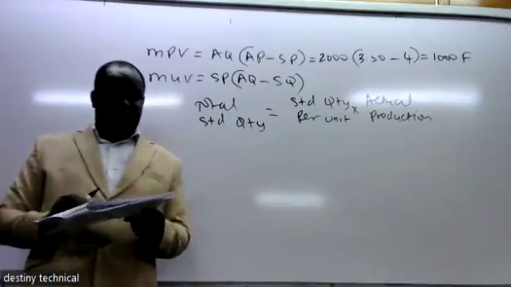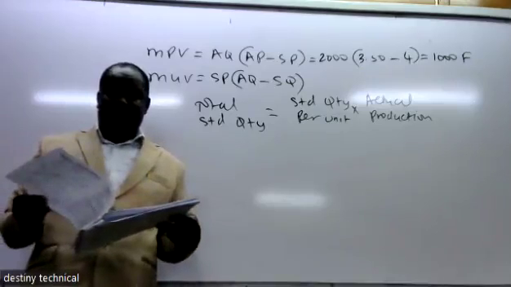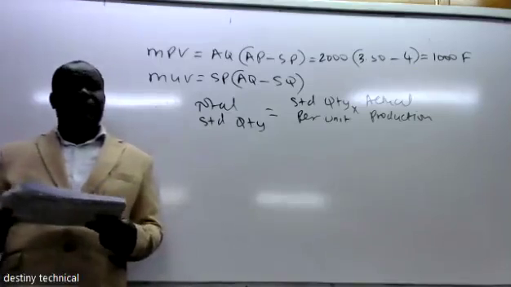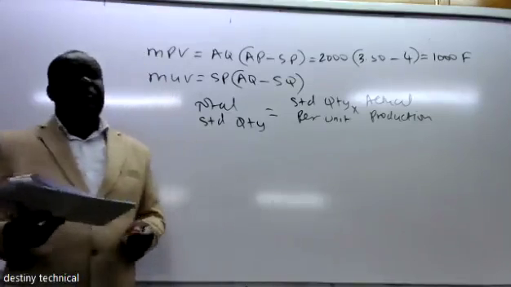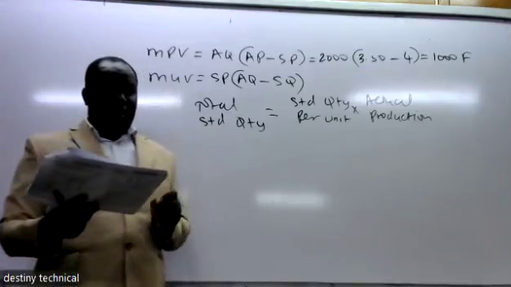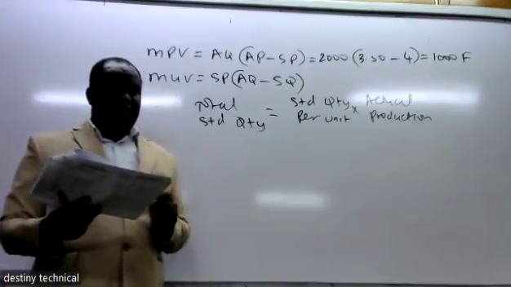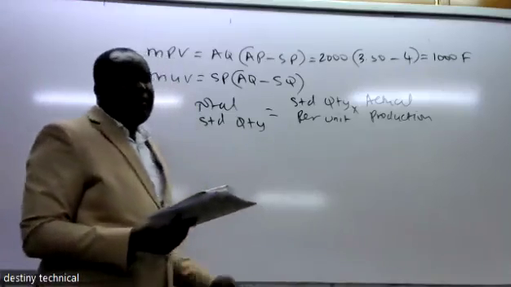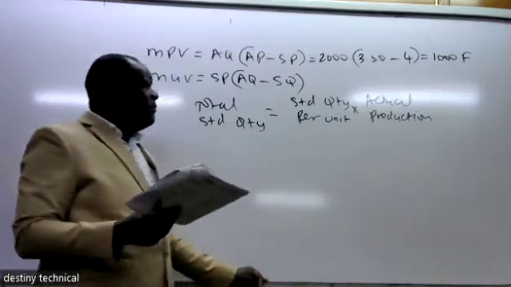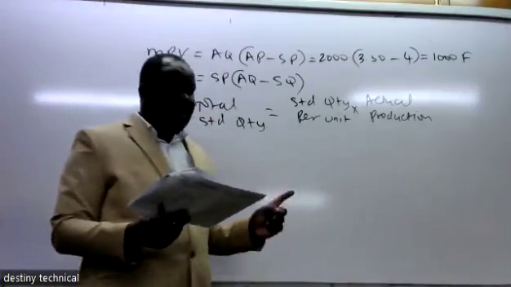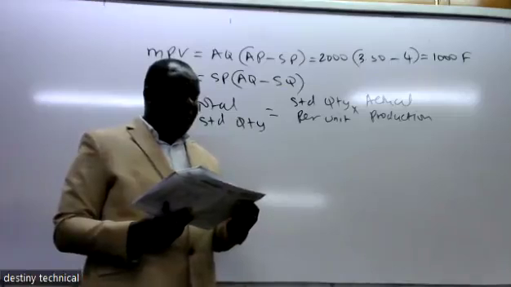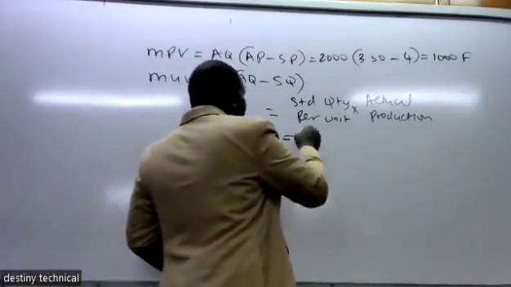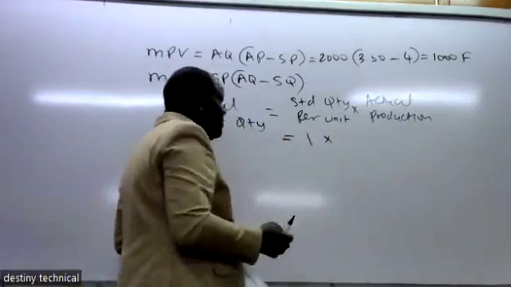The question is for the sitting of May 2018, question number 5, part C. They said material 1 kilogram at score per kilogram per unit. So that means the standard quantity per unit is 1 kilogram.